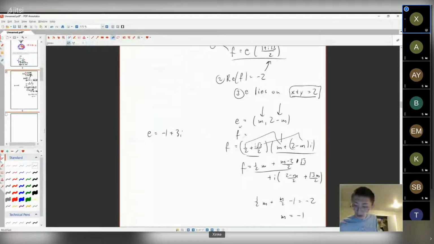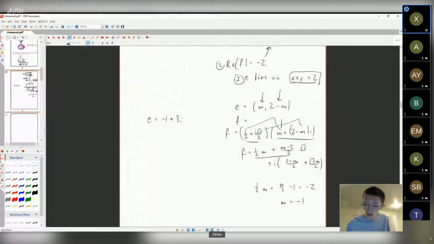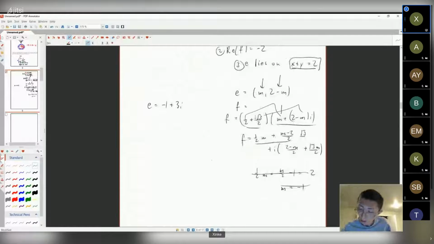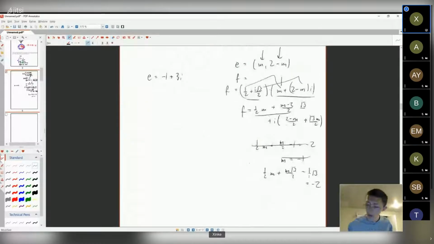Okay, thanks for the catch, Eli. I think that's right now. So this will be 1/2 M plus M root 3 over 2 minus 1 over 1 root 3, and that equals negative 2, the real part of F. I remember doing this a while back, and the numbers were definitely not as nice as earlier.